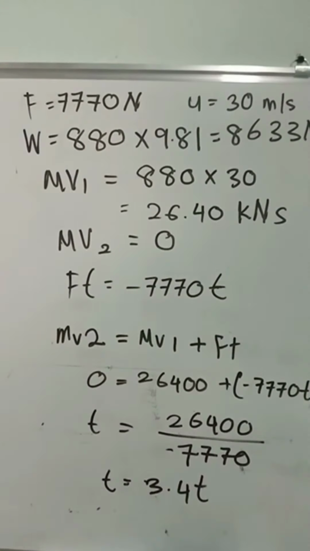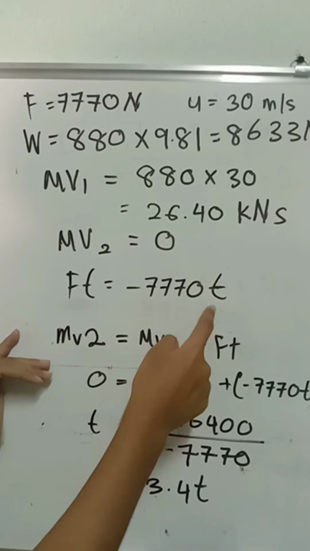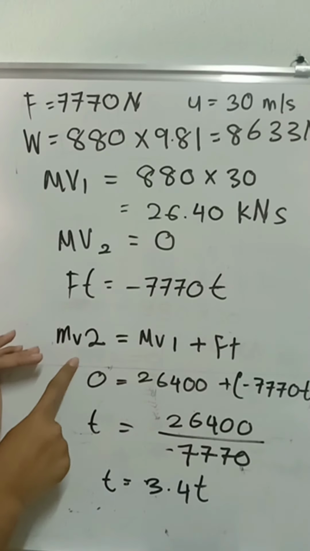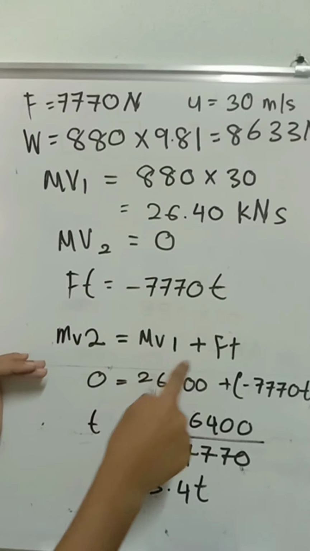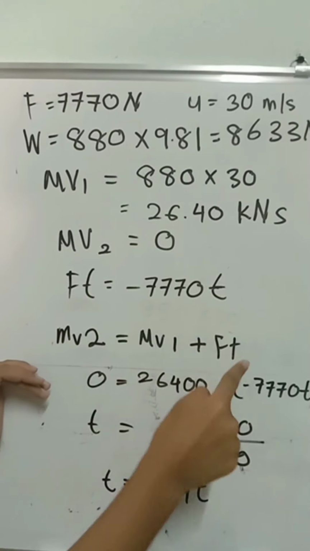Impulse is negative 7,770 times t. So we can find the time. mv2 is equal to mv1 plus Ft, the impulse.